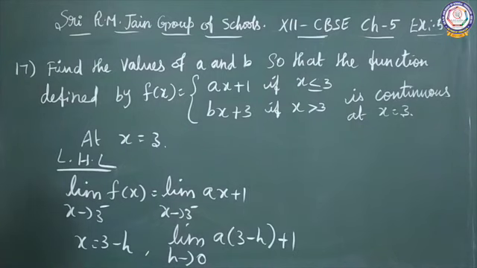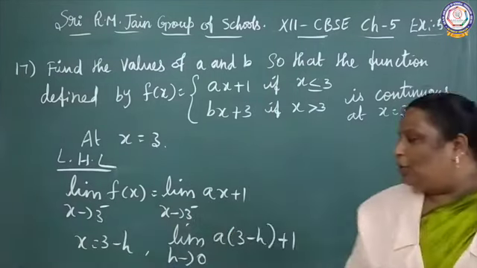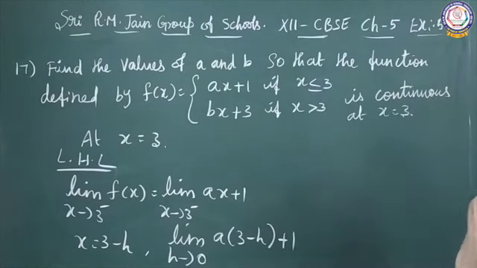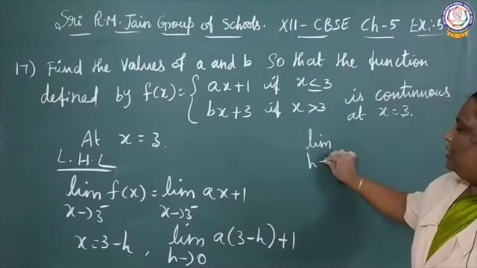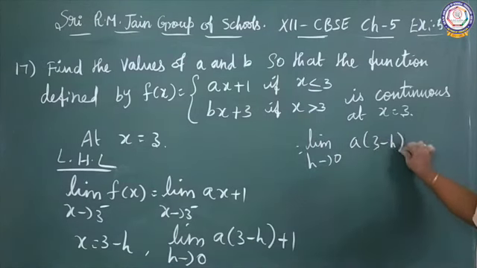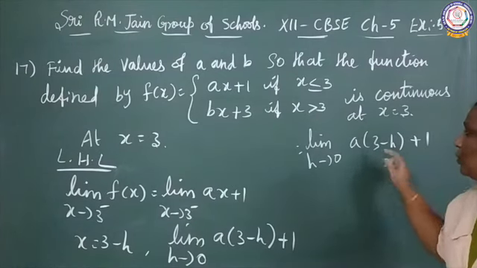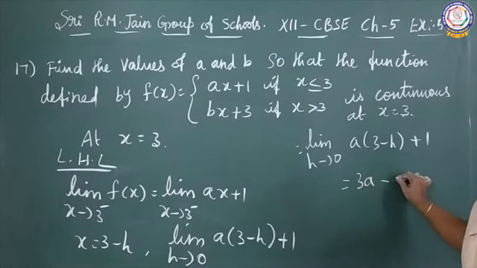Limit h tends to 0, a into 3 minus h plus 1. Substitute h equal to 0: 3a minus ah plus 1, and the ah term becomes 0 because h equal to 0.